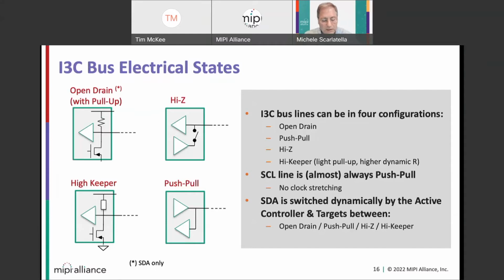Before I describe the anatomy of a bus transaction, let me remind you, or actually this could be new for some of you who are not so familiar with I3C, what electrical states the bus driving can be in. There are essentially four states.